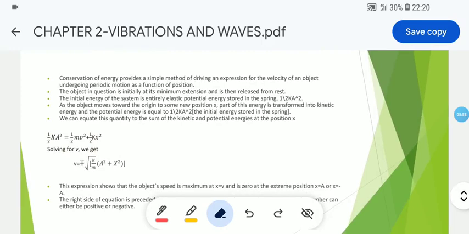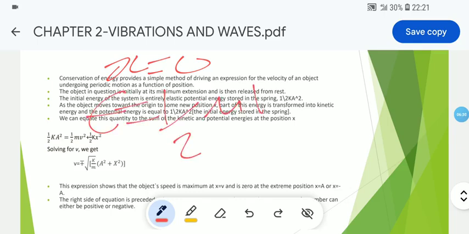At x equal to 0, we have maximum velocity, from what I've said. Since we have maximum velocity, our mechanical energy there is just the total kinetic energy, because at that point you have the maximum velocity.